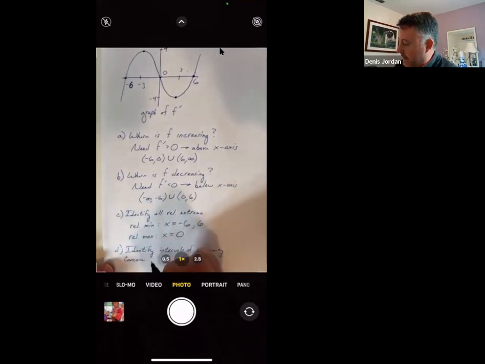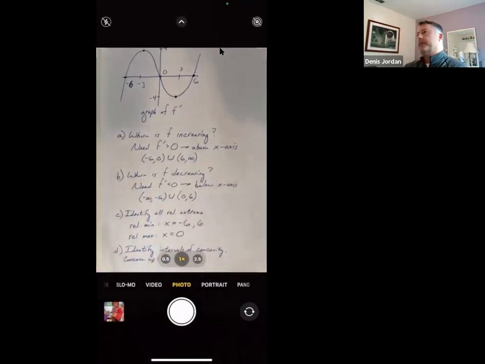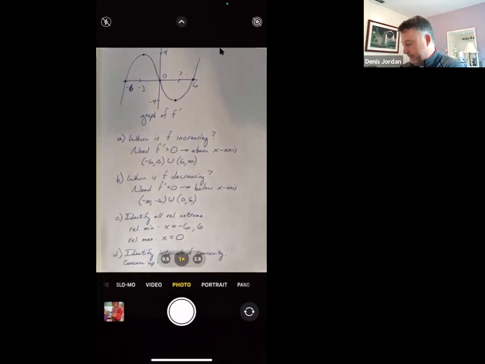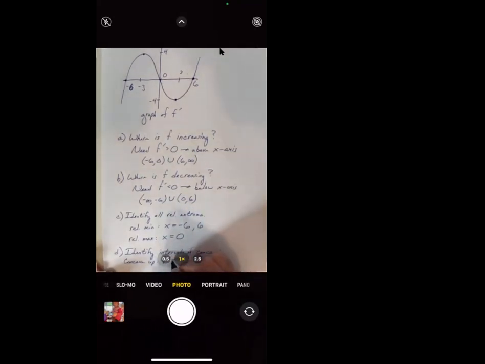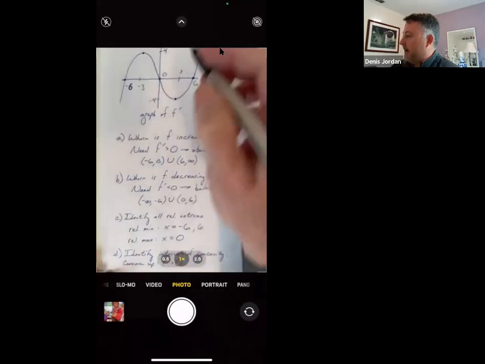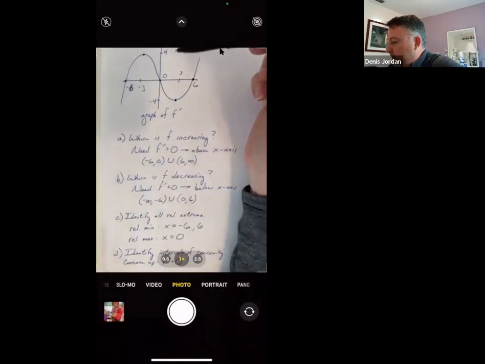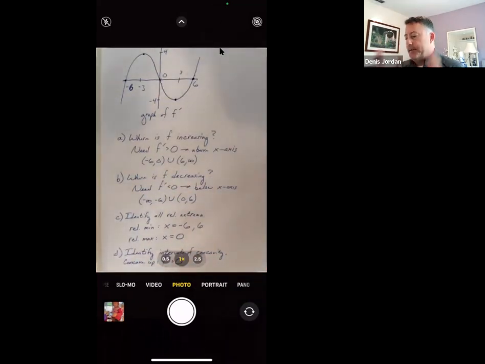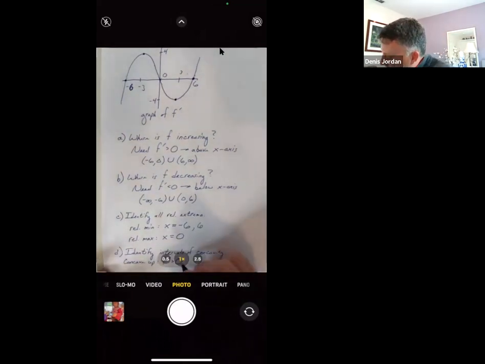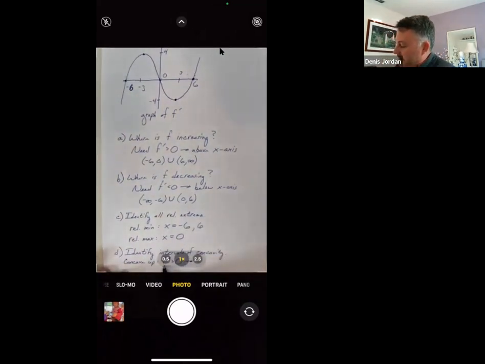So let's tackle concave up first. If the function is concave up, what does that tell you about the second derivative? It's positive. Okay, so if we had the graph of the second derivative, we'd be good, but we don't have it. We have the graph of the first derivative. So we need to relate the second derivative to the first. If your second derivative is positive, what does the first derivative have to be doing?